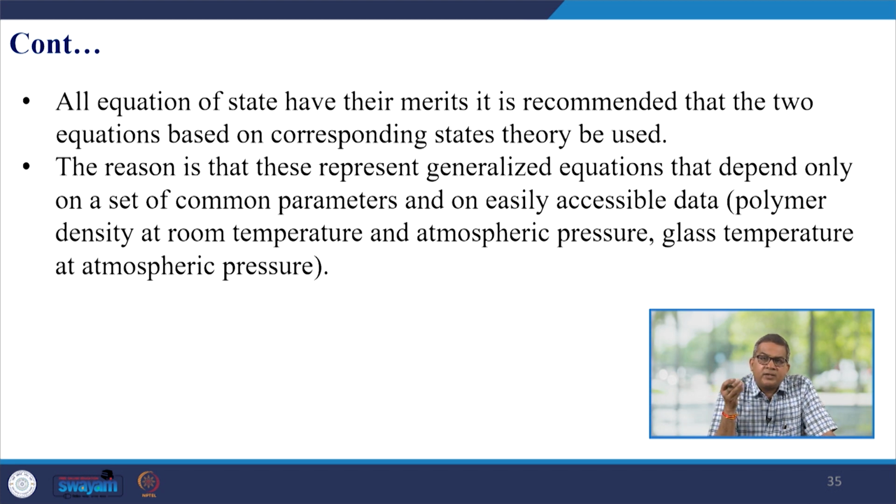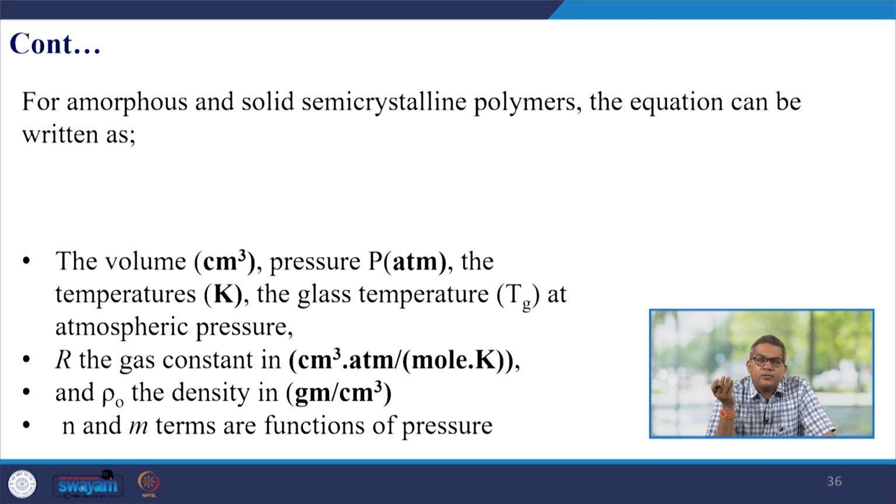It is recommended that the two equations based on corresponding state theory be used. The reason is that these represent generalized equations that depend only on a set of common parameters and on easily accessible data, like polymer density at room temperature and atmospheric pressure, and glass transition temperature at atmospheric pressure.